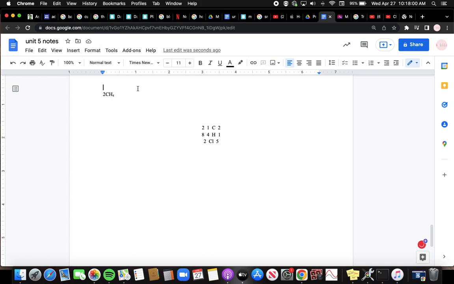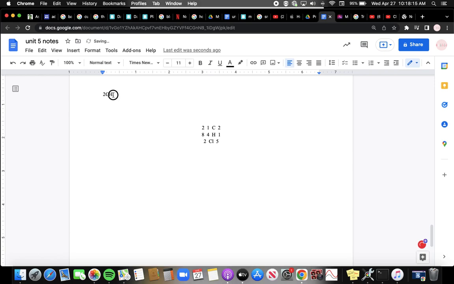So what we do after that, we're just going to leave that 4 out of there for a second. So the 4 is going to go here. Subscript 4.